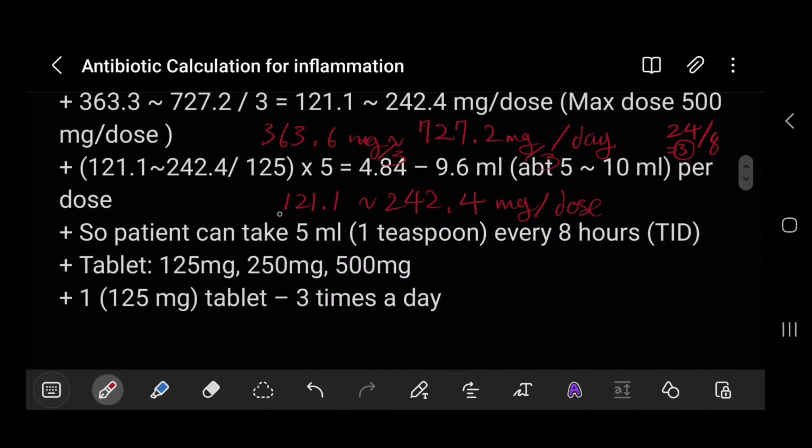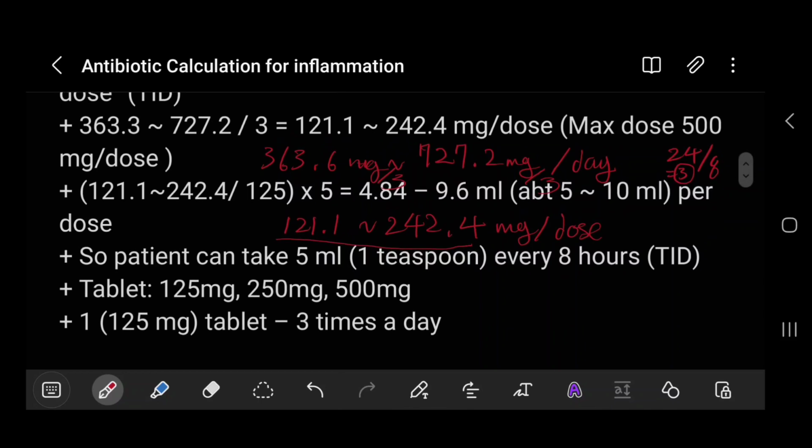So what is within this range? If you see the medicine, the available dosage per 5 milliliter is 125 and 250, and there is also 500 milligram which is available.